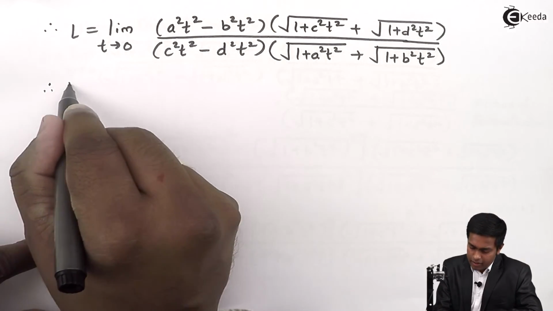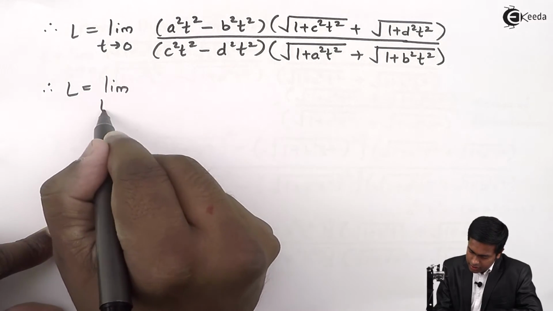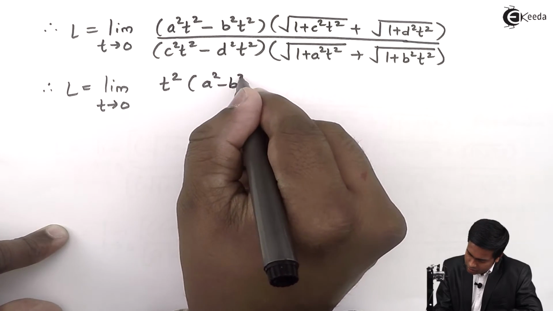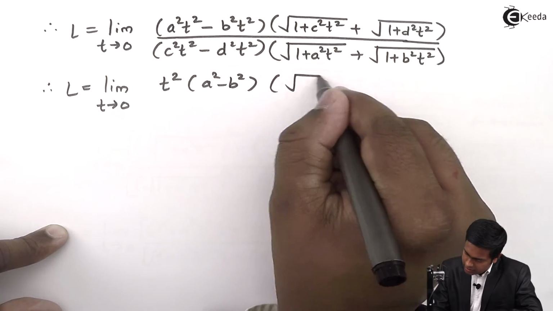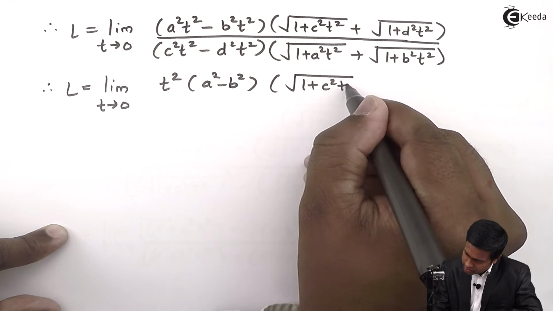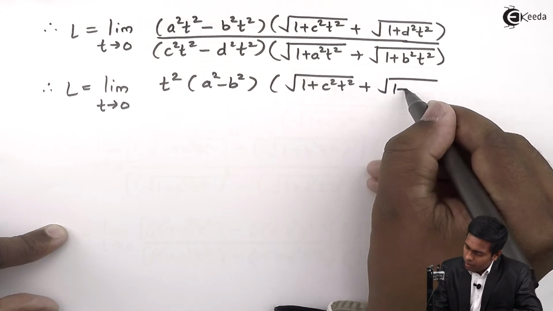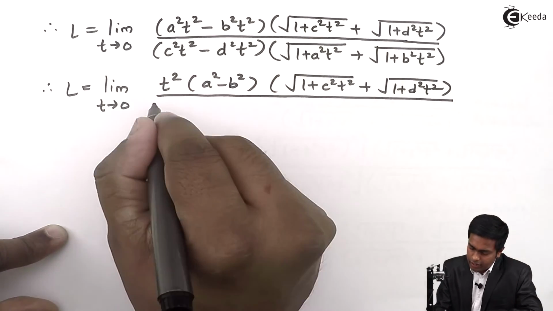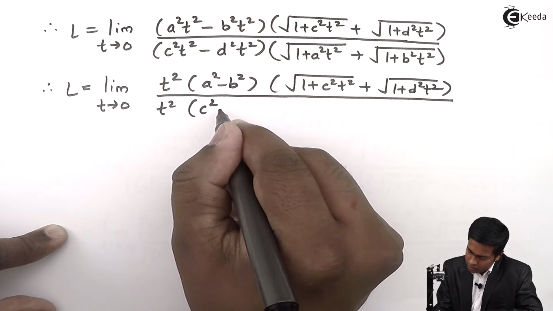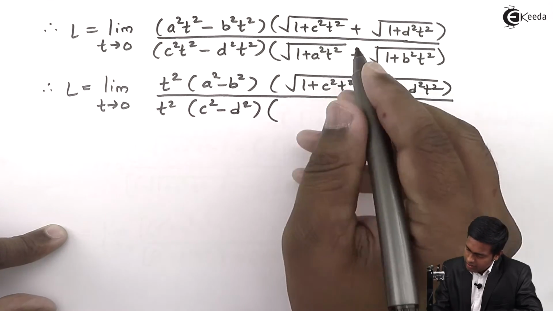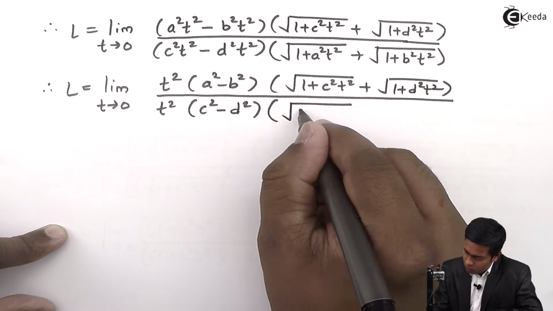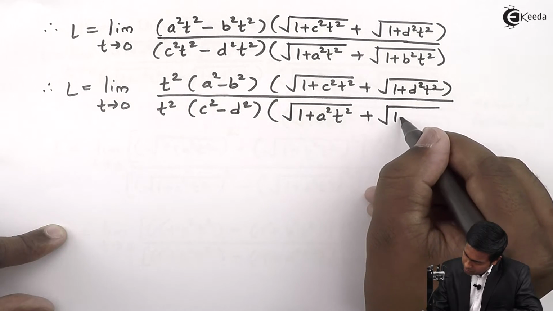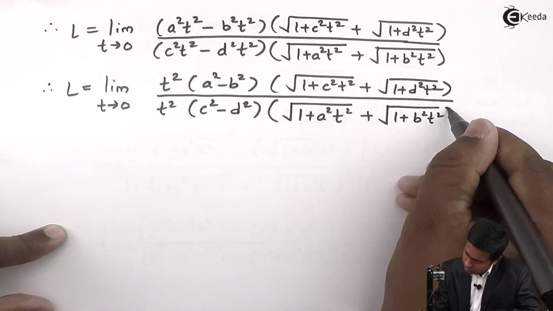So here we will get L as limit t tends to 0, t square outside, a square minus b square in the bracket, and the second term is as it is, that is root of 1 plus c square t square plus root of 1 plus d square t square, whole upon, here we'll get t square common, in the bracket c square minus d square, and in the second term we'll get square root of 1 plus a square t square plus square root of 1 plus b square t square.